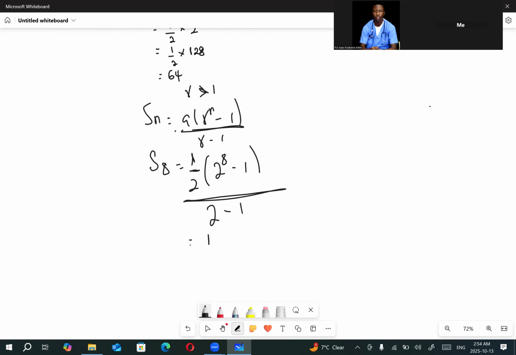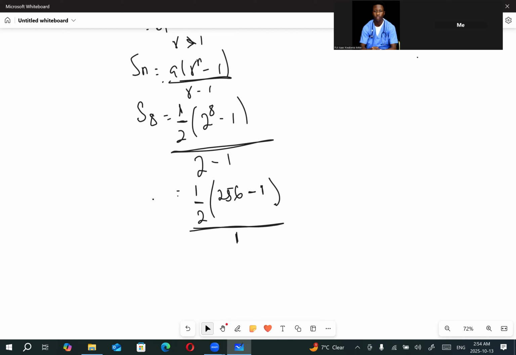So that'll be 1 over 2 into bracket 2 exponent 8, which is 256, minus 1, all over 1. So you have 1 over 2 into bracket 255, all over 1.